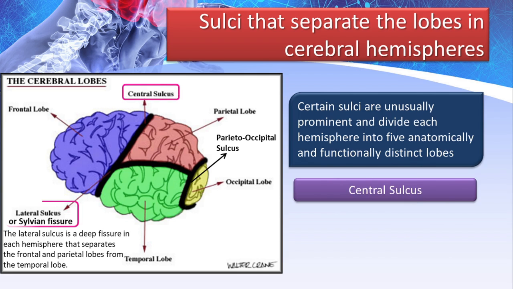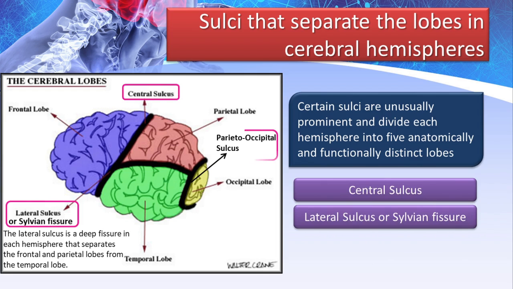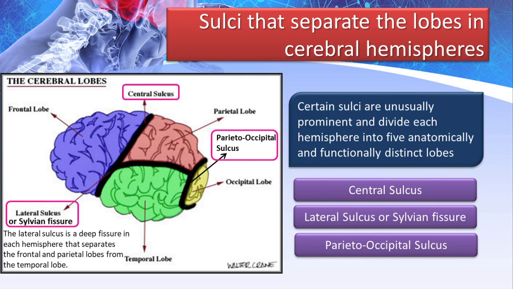The 5 lobes of the cerebral hemispheres are separated by some sulci which are unusually prominent. I told you that the cerebral cortex is thrown into different folds, and these folds are separated by grooves called sulci.